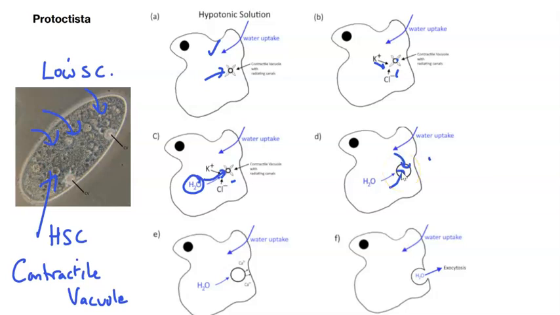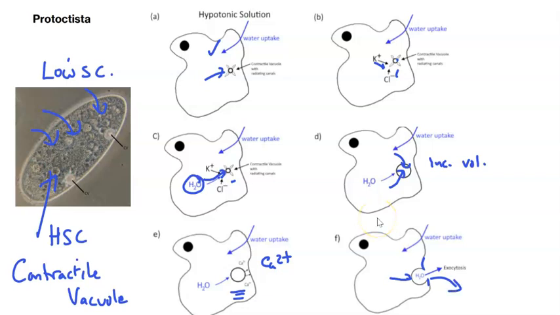The vacuole's volume will increase, it will get larger, and then it migrates towards the cell membrane. With the secretion of calcium ions internally, this causes the vesicle to fuse with the cell membrane, and the water is excluded from the cell.